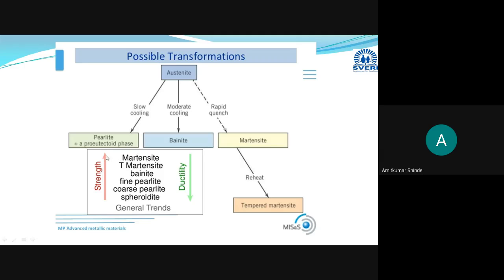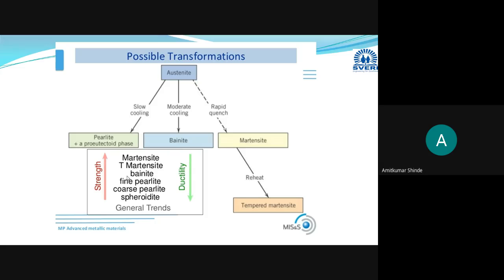It will provide you the highest strength, and as martensite increases, ductility automatically becomes lower. Depending on these products only, you will get the properties.